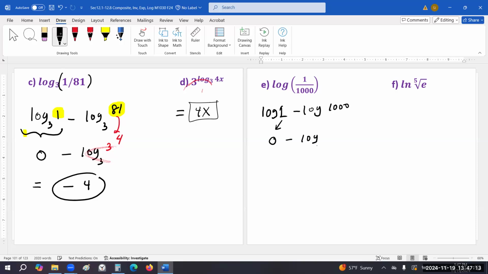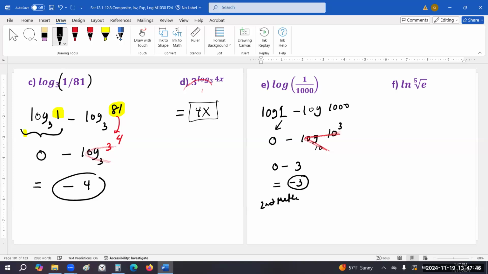And for the next one, we know our base is 10, so we need to rewrite 1000 using 10. 1000 is 10 to the what? 10 to the 3. So log 10 cancel out. We have 0 minus 3, which is negative 3. That's one way of doing it.